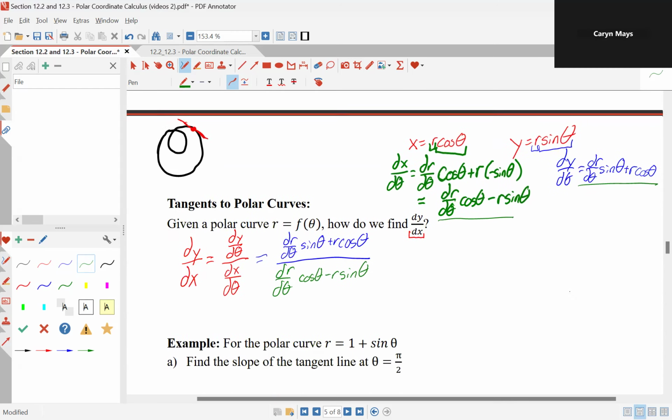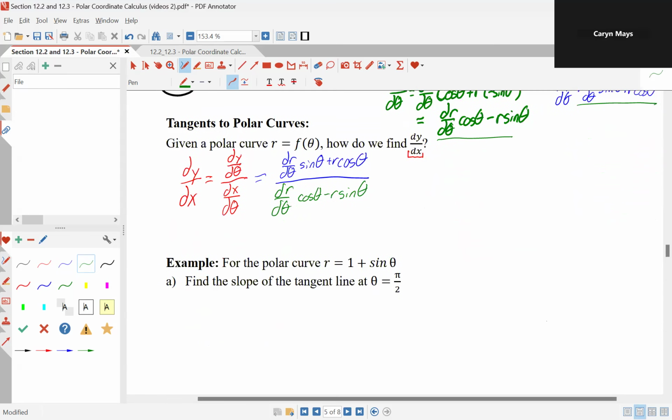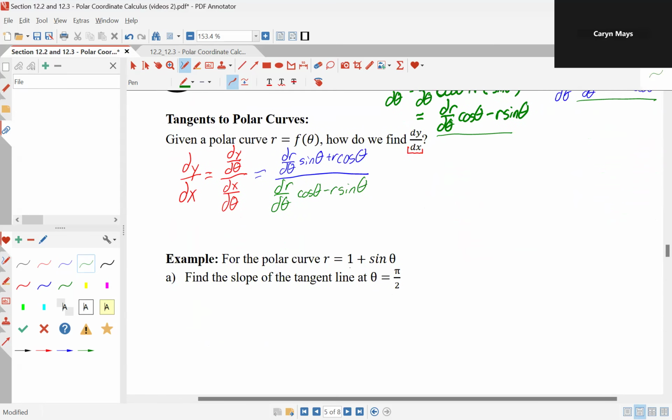Now taking a look at an example, suppose we have the polar curve r equals 1 plus sine theta. We want to find the slope of this polar curve at theta equals pi over 2.